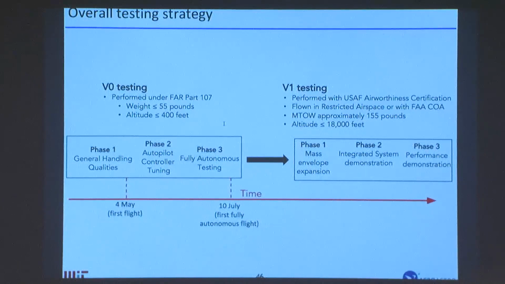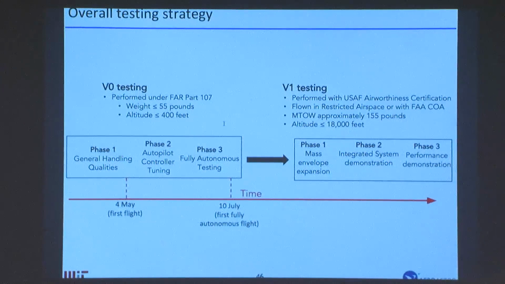Our testing strategy is pretty interesting. It turns out you can't just take an airplane and fly it up to 15,000 feet. The FAA does not like that. So we have to be really careful about what we're allowed to do legally with testing. Ultimately, we want to take the airplane up to 15,000 feet and fly it. To do that, we have to get an airworthiness certification.